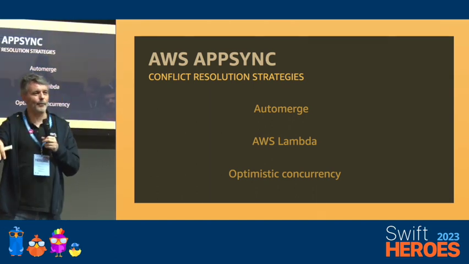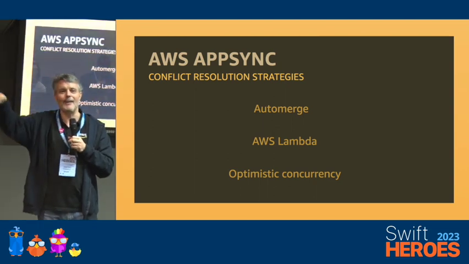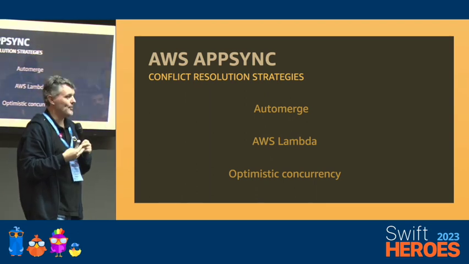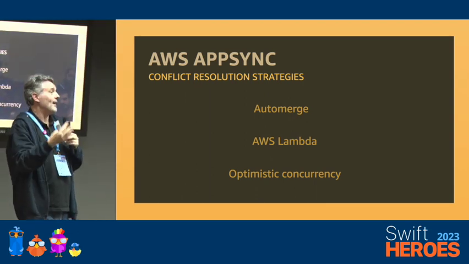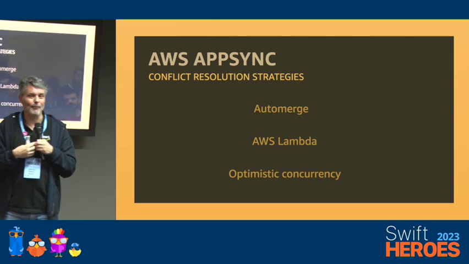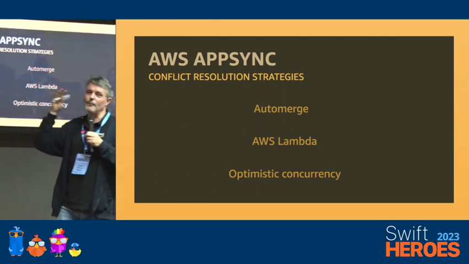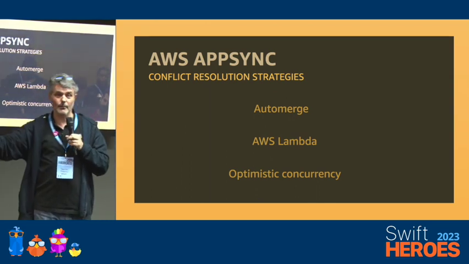If it is version 4 or higher, it means that someone else changed the same data while my user was changing it locally. So the data is not current anymore. The data that I have locally is not up to date with what is on the server. And with optimistic concurrency, we detect that and we reject the change.